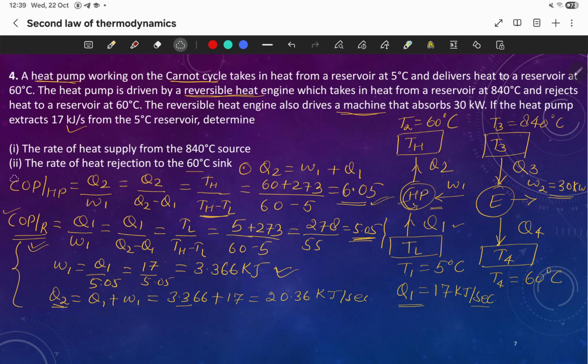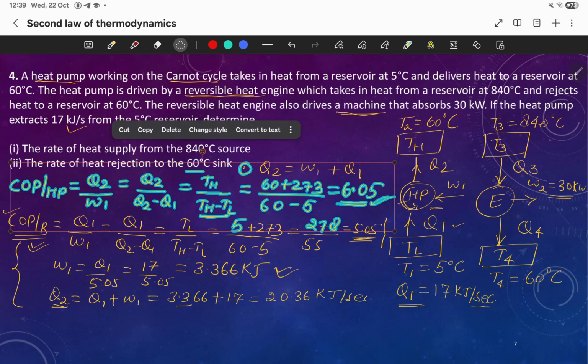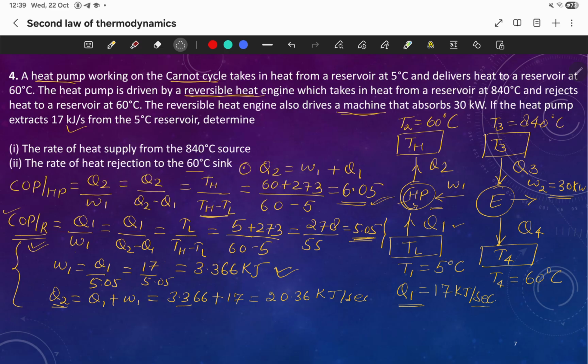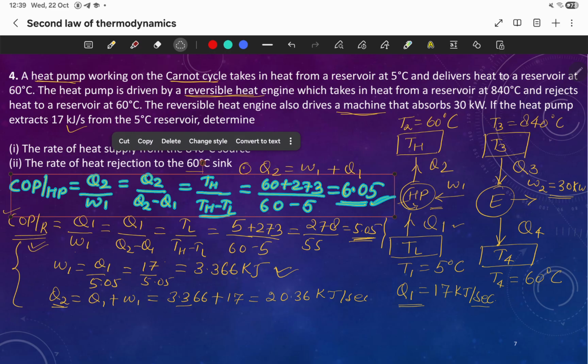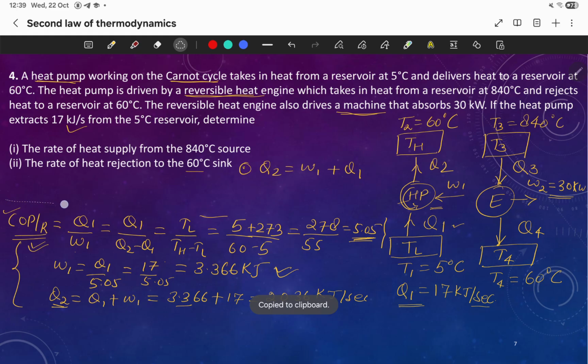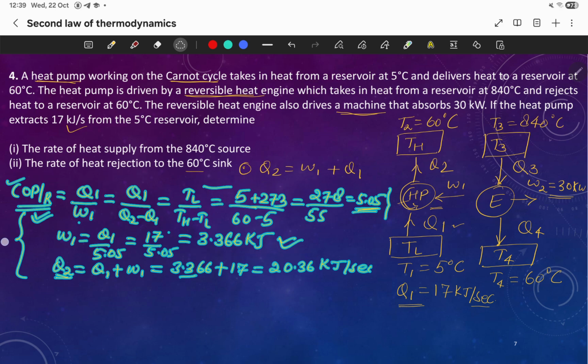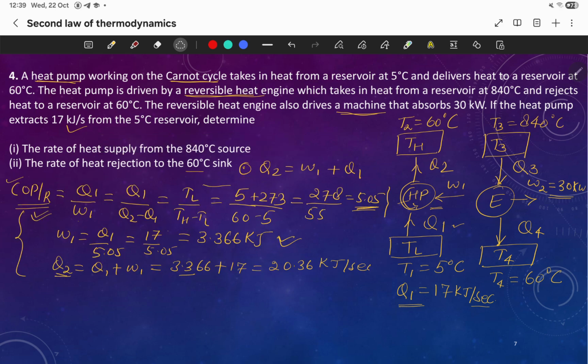Now I'm just removing this section. Okay, fine.